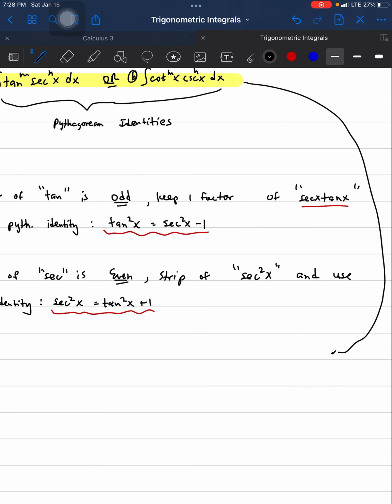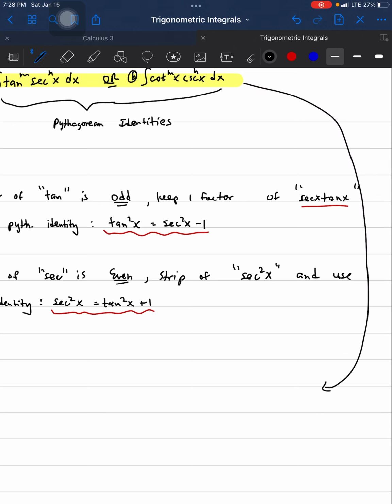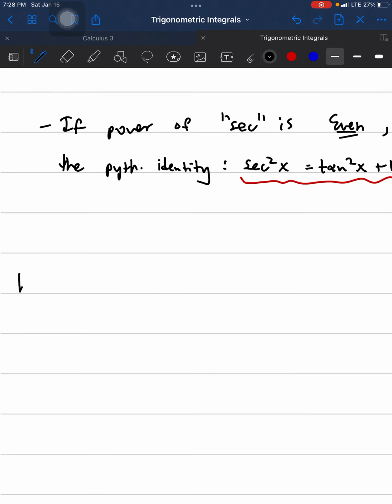Now for case B, let's take that down here.